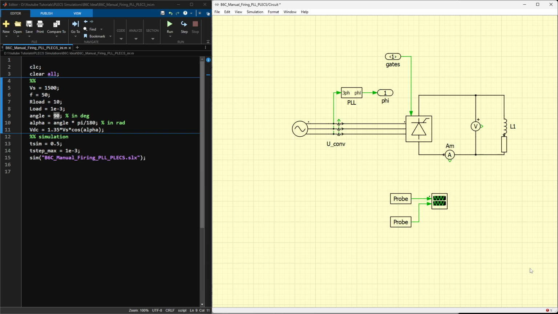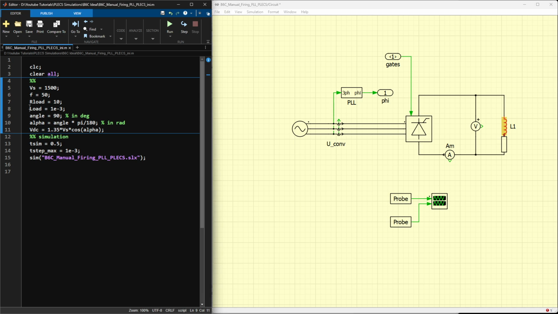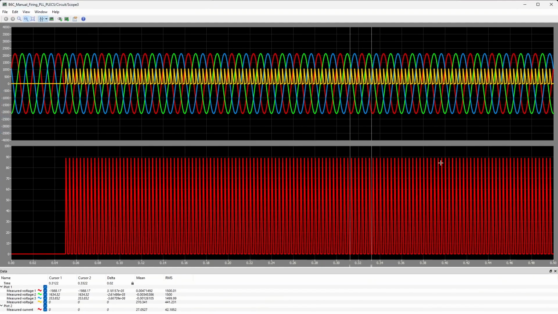So there is an error. Let's check where it is. L load is not defined. Oh, okay, of course, I missed an L here. Rerun. Check. We see we still do not get the output voltage of 0.